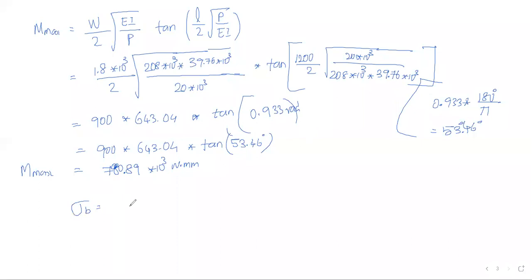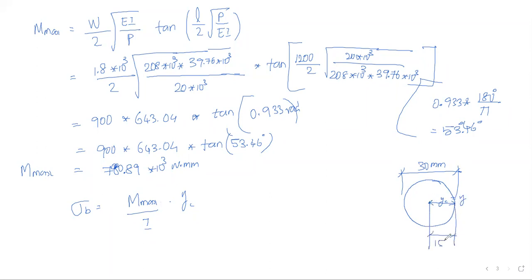So sigma b is equal to M max into yc by I. Here yc, since our given section is a circular section of 30 mm, is the distance from the centroid, that is equal to y. So how much is it? 15 mm.